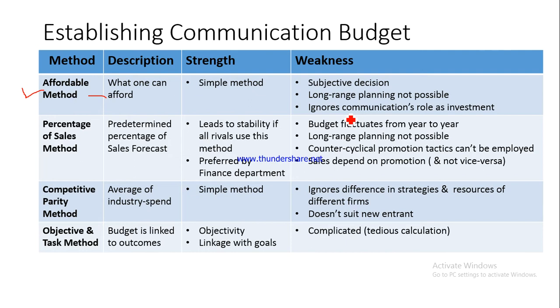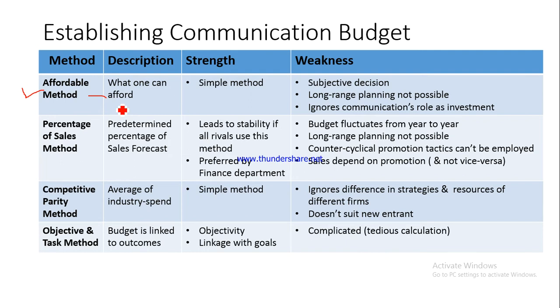So there are different objectives which you have in your mind. Communication is an investment. However, this method assumes communication to be a cost. So this is one more weakness of this particular method. The affordable method, however, is the simplest.